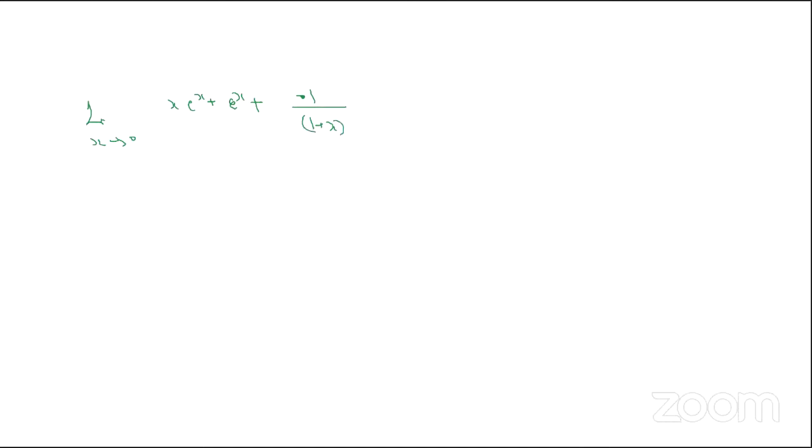So minus into minus gets cancelled, plus 1 by 1 plus x whole square, whole divided by the differentiation of 2x, which is 2.